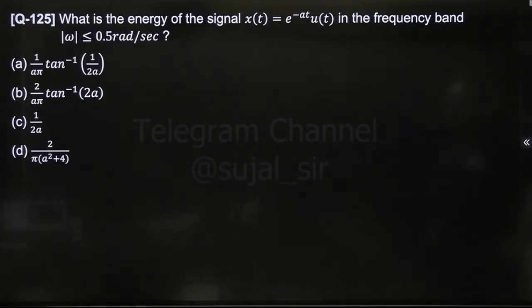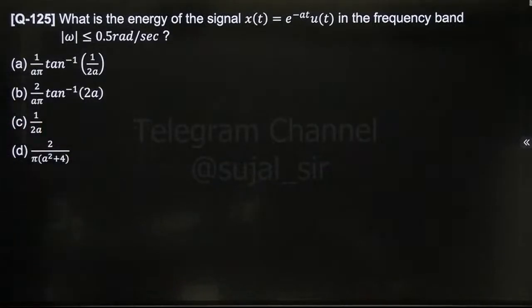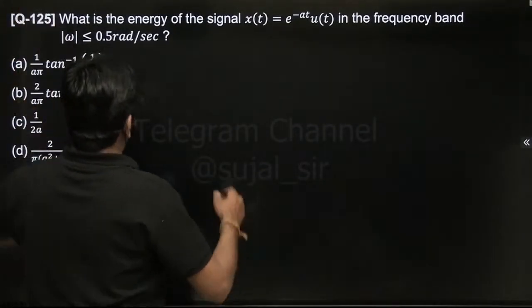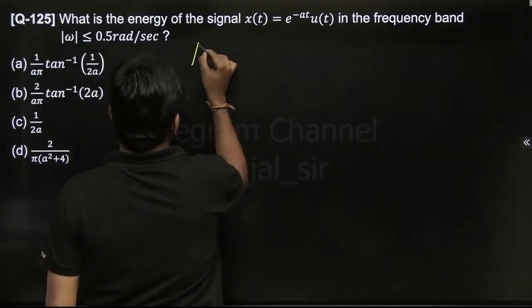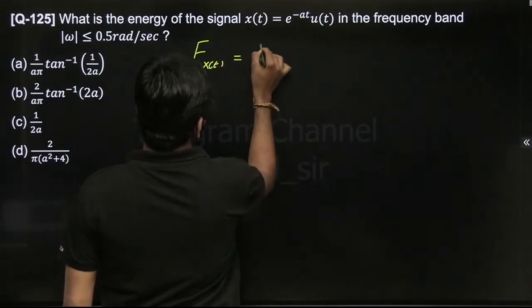What is the energy of the signal x of t equal to e power minus at u of t in the frequency band mod omega less than or equal to 0.5 radian per second? Now, Parseval's energy theorem: the energy of x of t you can calculate in the time domain as well as in the frequency domain.